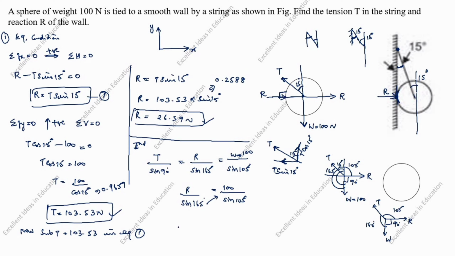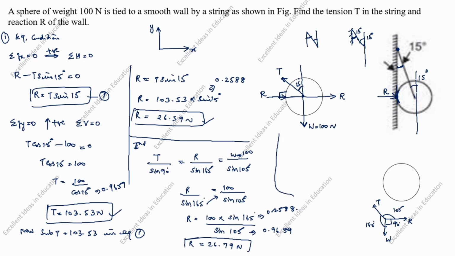So R is equal to 100 into sine 165 degree divided by sine 105 degree equal to 26.79 Newton R value. So sine 165 is 0.2588. Sine 105 is 0.9659.